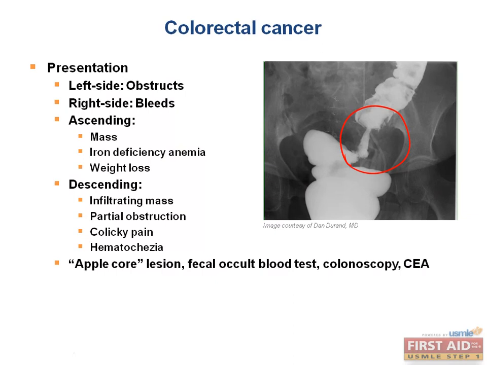An apple core lesion has a narrowing of the bowel. CEA is a tumor marker that is positive in many cases, though it's not useful for screening. Clinicians often get serial measurements of the CEA to follow response to treatment, although this has not always been shown to be completely accurate.